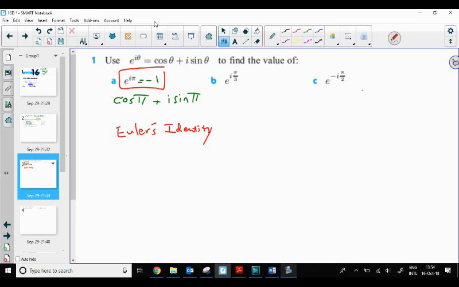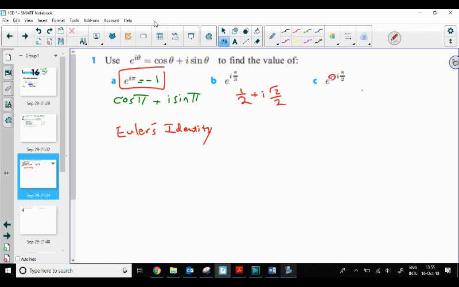We're going to do this one the same way. It's going to be cosine of pi over 3, so that's going to be 1/2, plus i times sine of pi over 3, which is going to be root 3 over 2. There you go. And then for the last one here, e to the -i pi over 2.